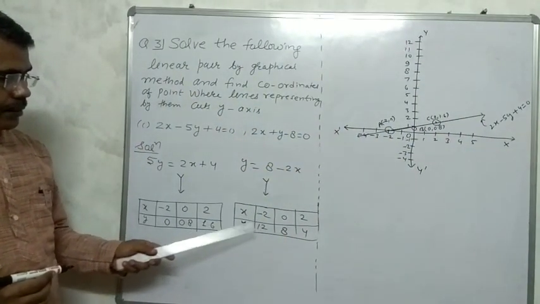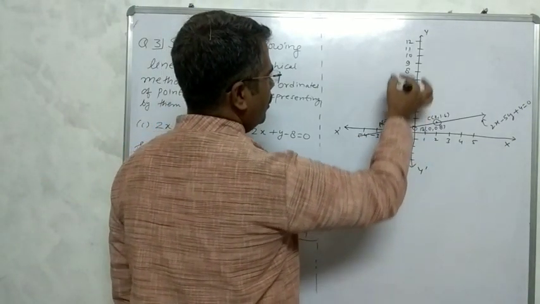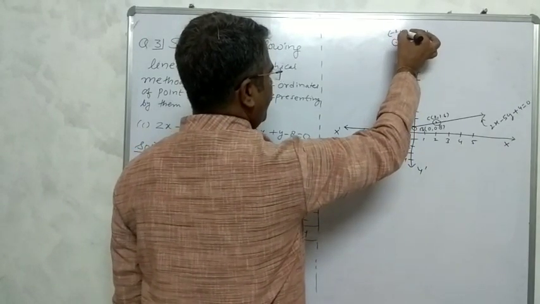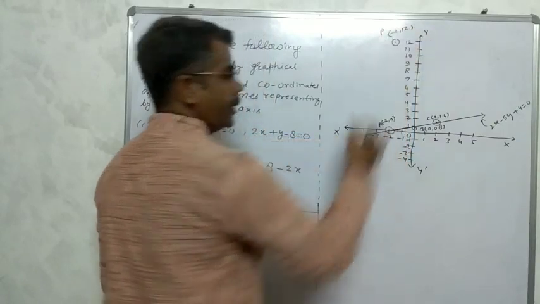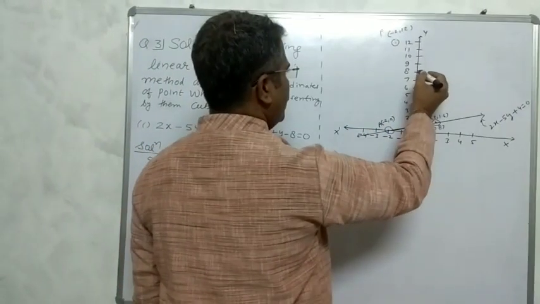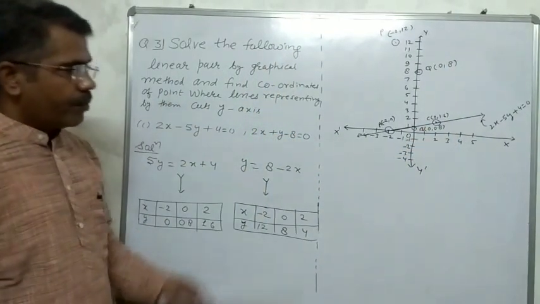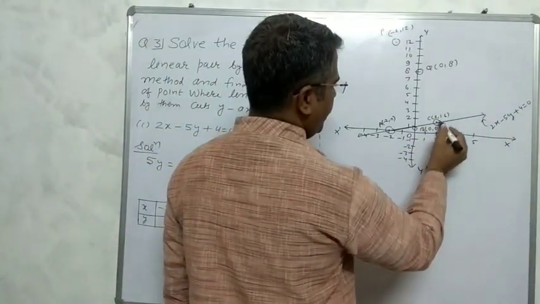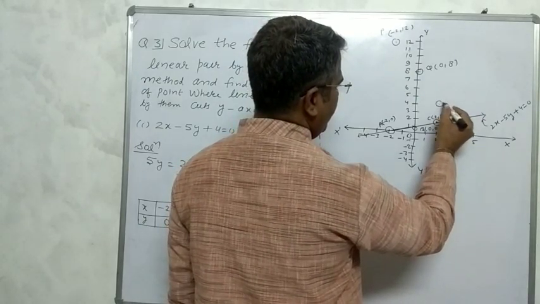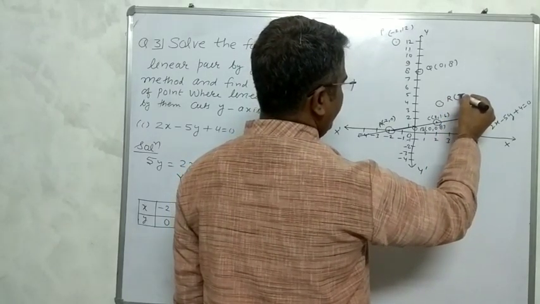Again the next line: minus 2, 12, minus 2 here and 12. Minus 2 comma 12, we say that this point is P. 0 comma 8, point Q, 0 comma 8. 2 comma 4, 2 here and 4, we say that this is point R, 2, 4.